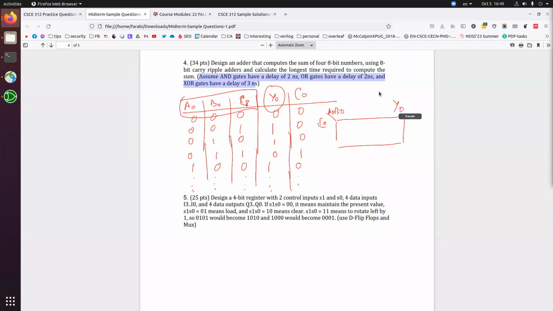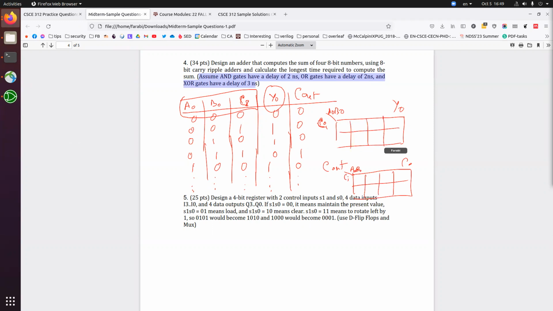So this would give us an equation for Y0. Similarly, we can have an equation for C0, the carry out. This would be something similar. So we can get the two equations from here, and based on this we can have our design.